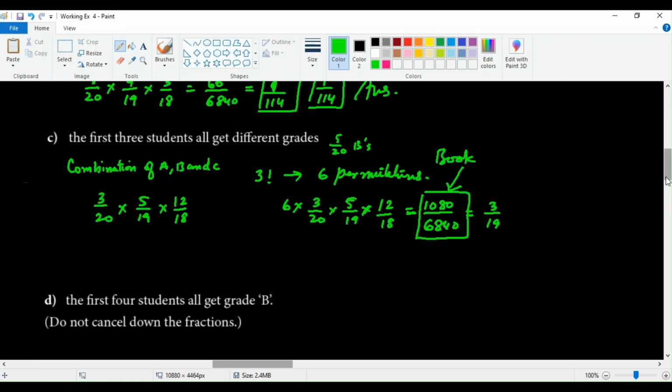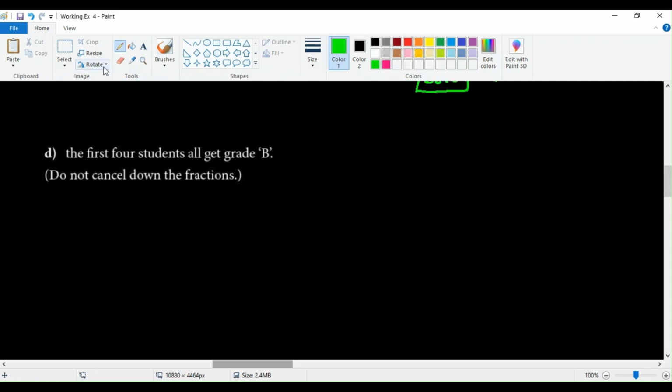Now comes part D of it. It says first 4 who get B, that means 5 over 20, and then comes 4 over 19, and this becomes 3 over 18, and then finally what we have is 2 over 17.